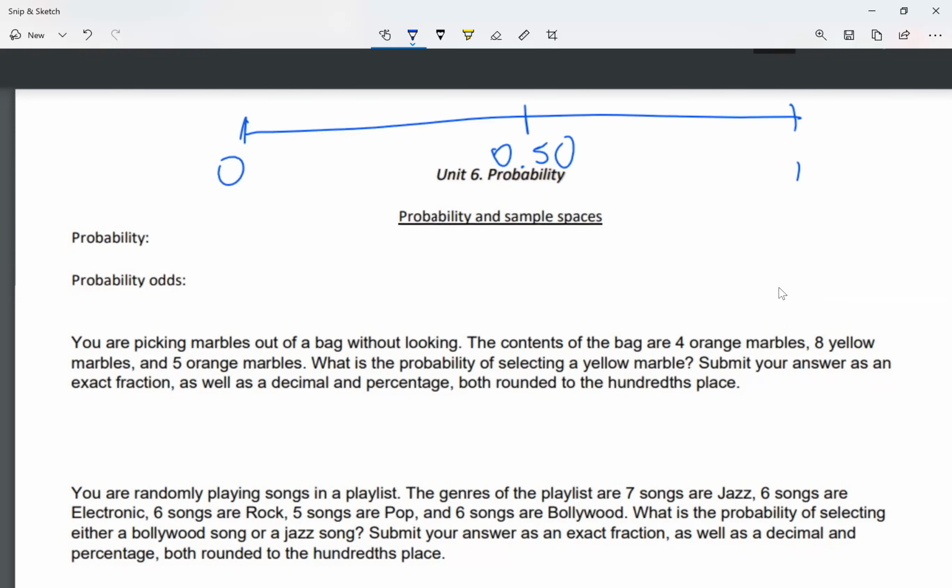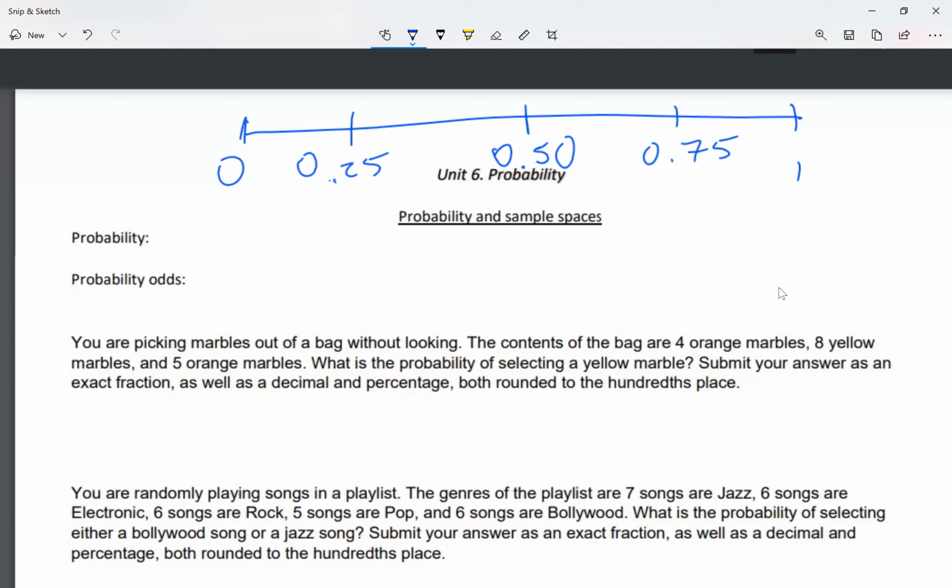In some cases, people call this 0.5. It's the same thing, right? So 0.50, we're in the middle. We have 0.25 about here and 0.75.